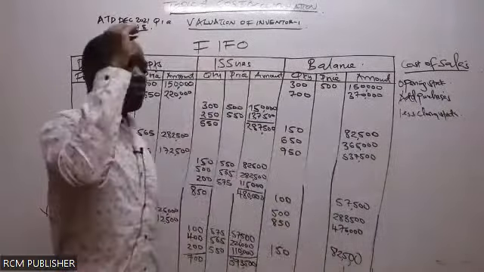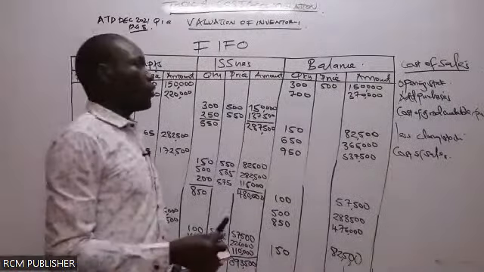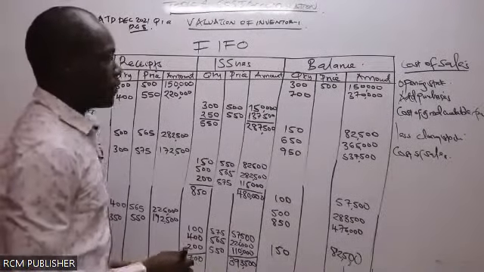Value of goods available for sale. So cost of goods available for sale. We are going to get that. Then when we now less closing stock, we are going to get cost of sales.